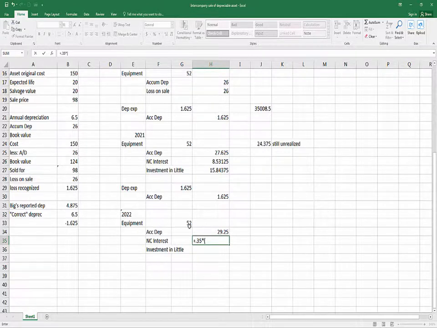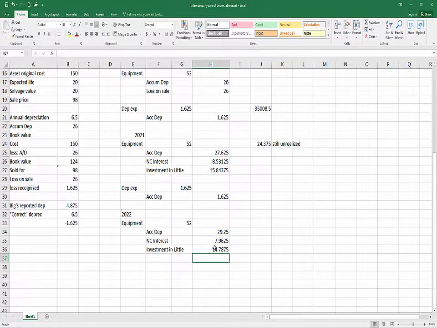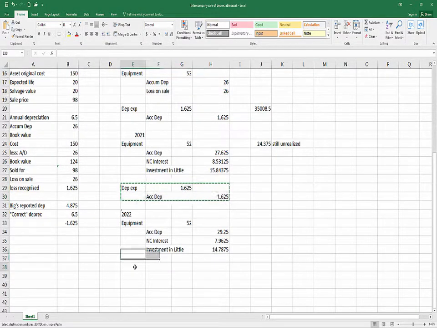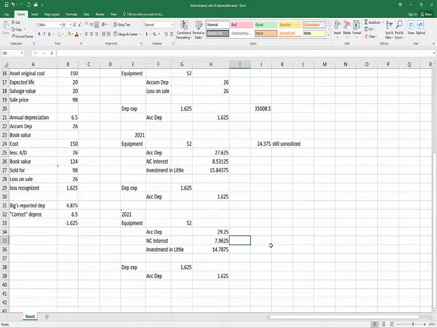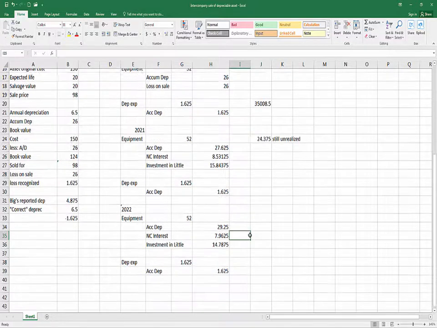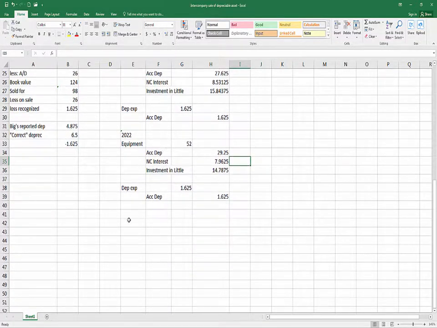So the non-controlling shareholders are going to get their share of that net amount. The parent is going to get their share of that net amount. And then again, we say, okay, time to recognize another year's worth of depreciation expense. Okay, and we follow this same pattern over and over. Next year, when we carry this forward to 2023, again, we're going to debit equipment just like we did before.